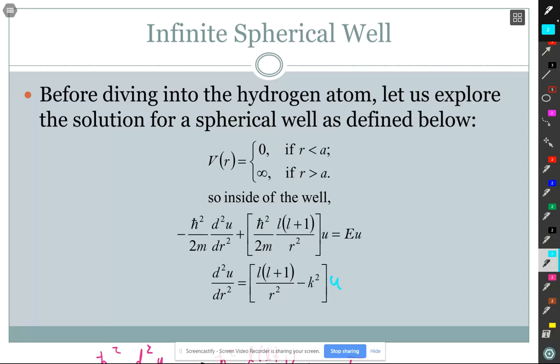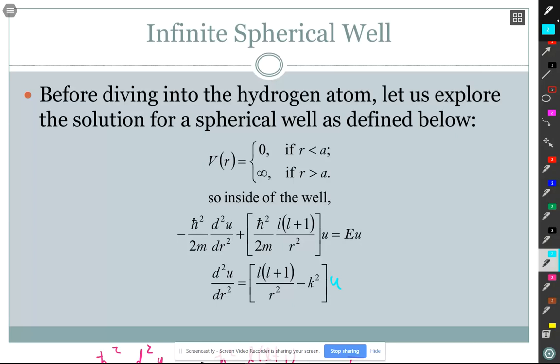R is a variable, yes. U is a function, R is a variable. Isn't that two variables then? So you're thinking put like d second u over u is equal to dr squared times this stuff. The problem is we have d second u and not just a du.